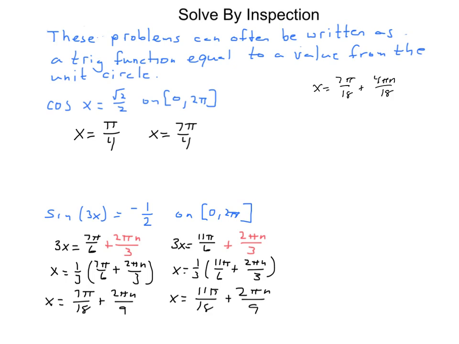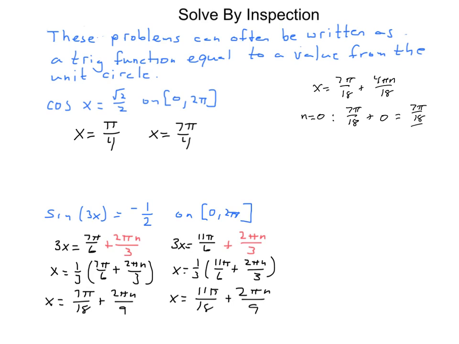So for this first piece, I'm going to let n equal 0. And when I do that, I get 7 pi over 18 plus 4 pi times 0 over 18, which is 0. So I get 7 pi over 18. That's my first solution to this one.